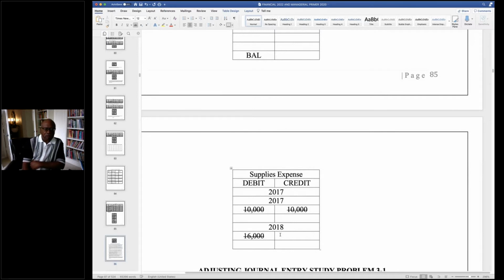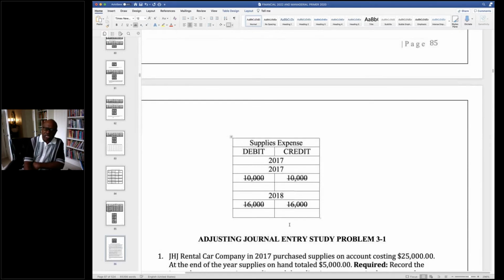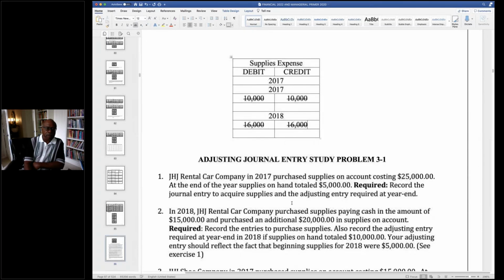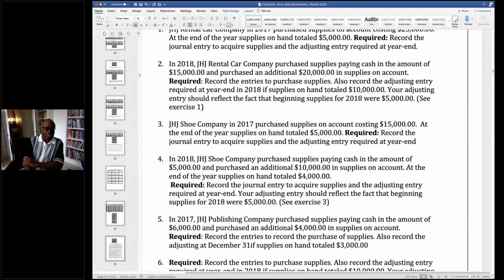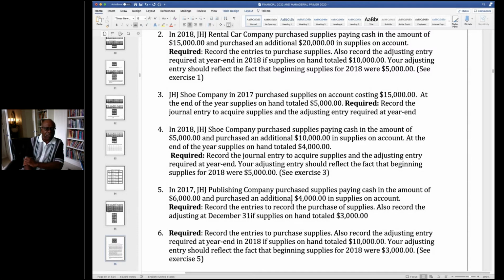And then we would eventually close it out. So we put it in there. This is just to let you know that when you get to 2019, you don't have anything in the expense account. Okay? That's all we're trying to show. Any other questions on supplies?